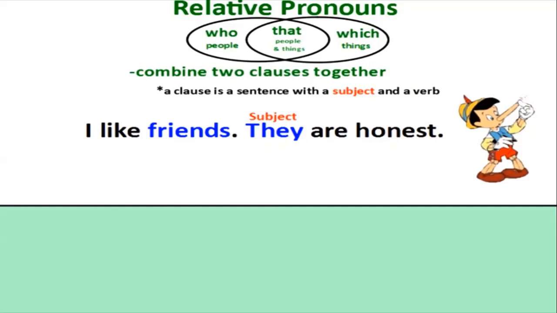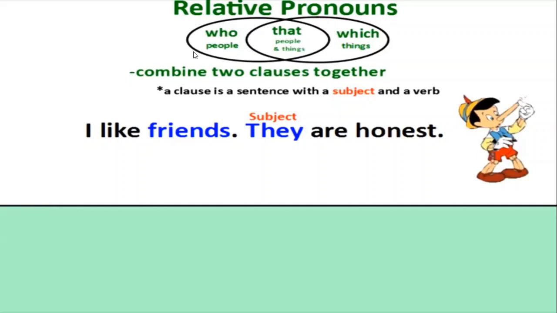But when we speak about a relative clause, which is what we are going to be speaking about today, then we speak about the combination of two different sentences put together into one to create a compound sentence, only one, with a connector that is going to be a relative pronoun.